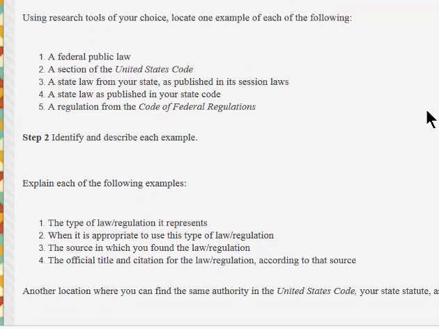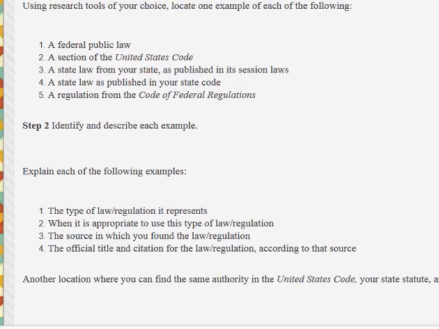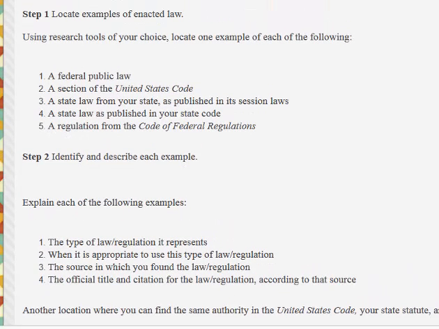That's so funnily written. That could be interpreted in several ways. I'll try and rewrite that after this video. Explain each of the following examples: the type of law, the regulation it represents, and when it is appropriate to use this type of law and regulation. All right, that is, I believe, very confusing.